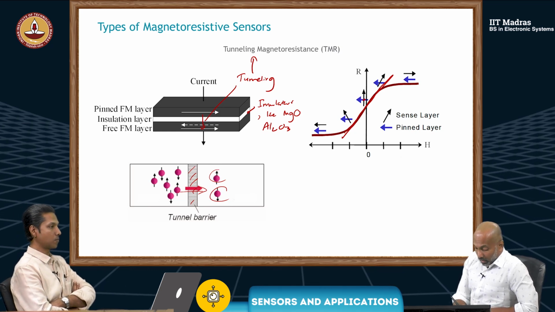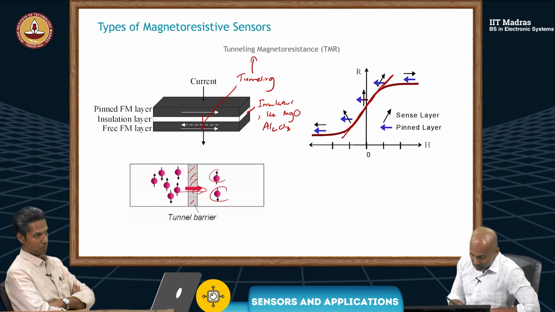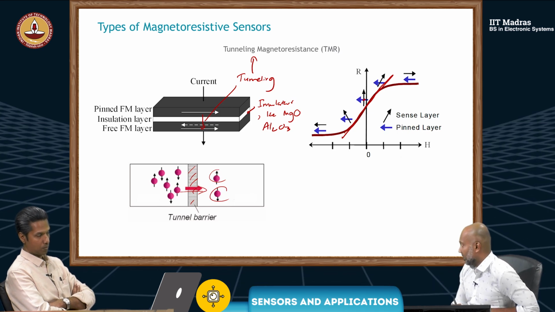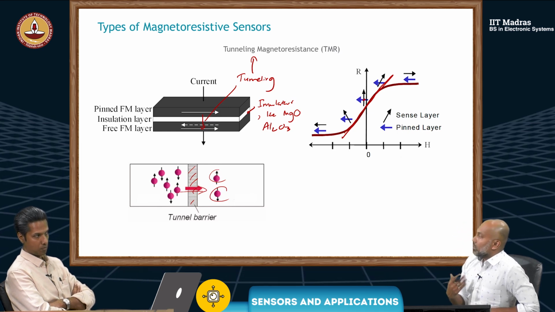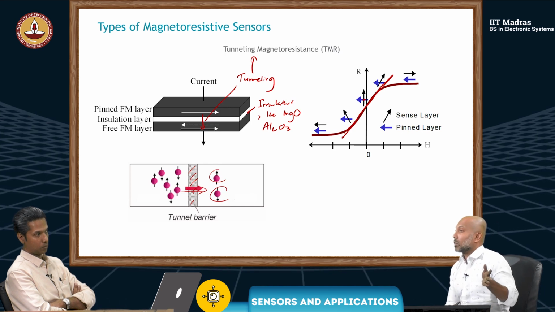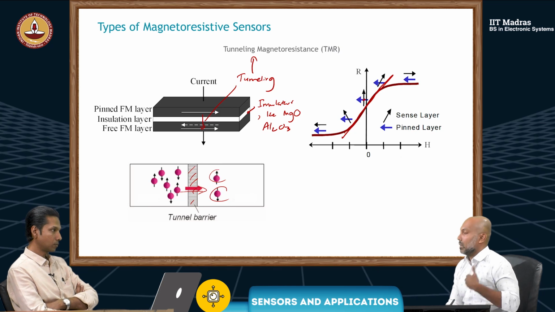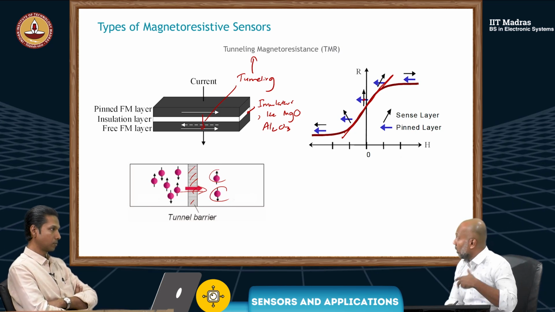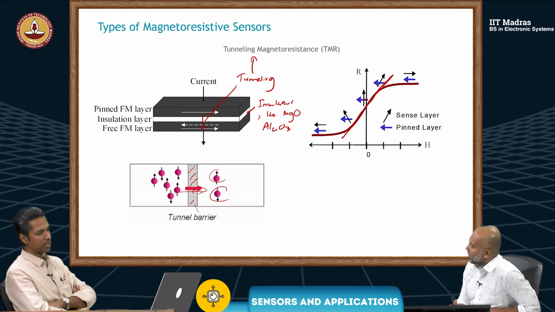Now, TMR sensors are more sensitive and use less power than AMR and GMR sensors. But what do you think are some of the challenges with TMR? Why do you think it took a long time for TMR to become commercially successful? Maybe there is some fabrication challenge.